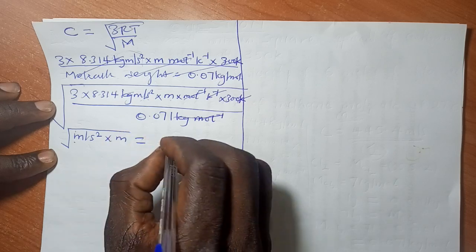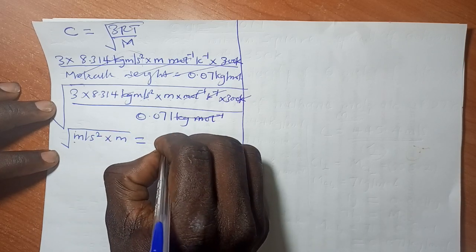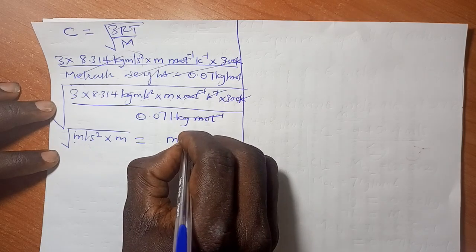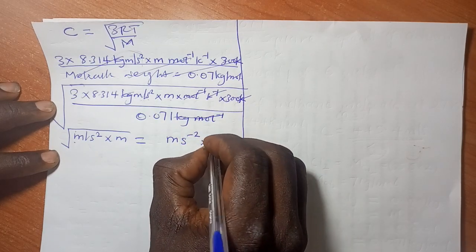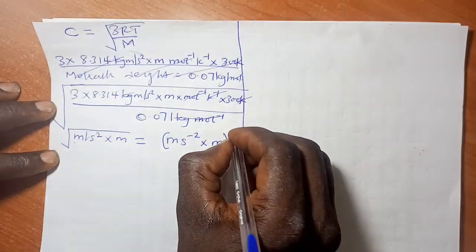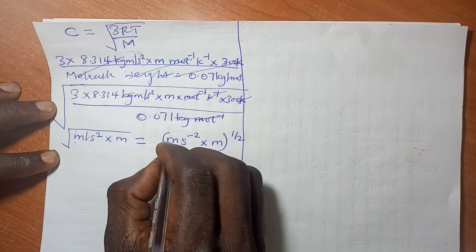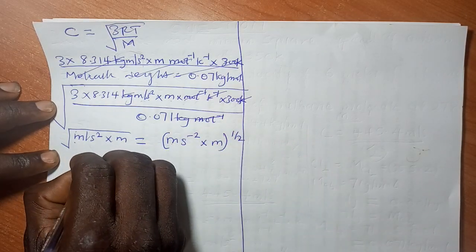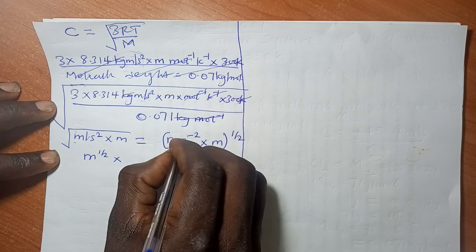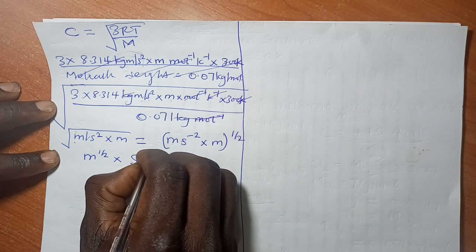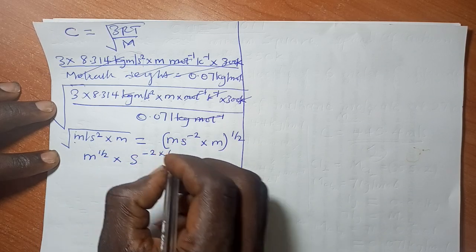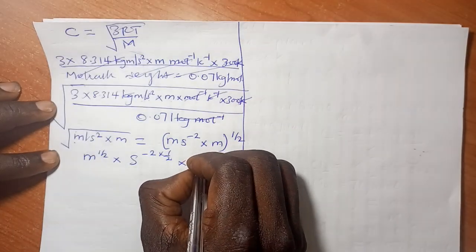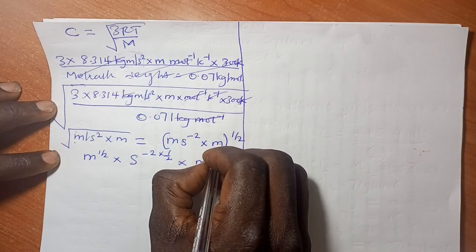This is equivalent to meter per second square times meter all raised to the power of half. That means this one is now meter raised to power half times second raised to power minus 2 times half times meter raised to the power of half.